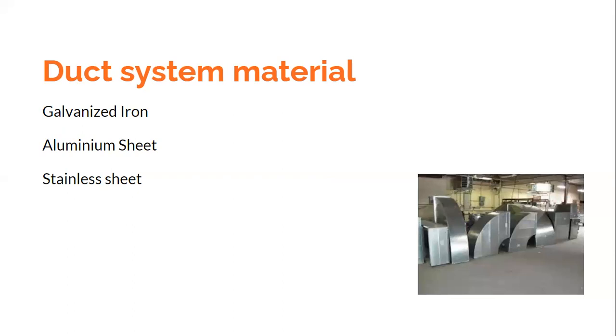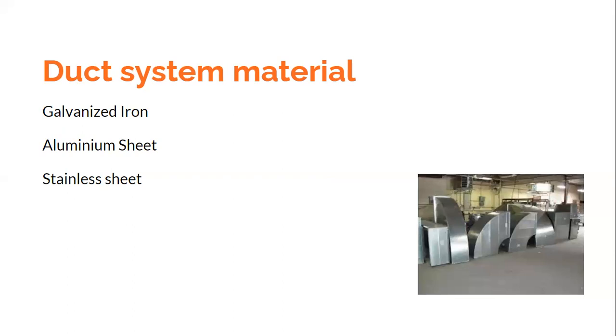Okay. And similarly, when you are talking about the cross section of the duct, a round duct with its high strength to weight ratio is suitable for distribution systems. So if it is possible, one should use round ducts, because round ducts are most efficient, as the resistance to the flow of air is less than in a rectangular duct of the same cross-section area, because the geometry is such that there is less resistance to the flow of air compared to the rectangular one.